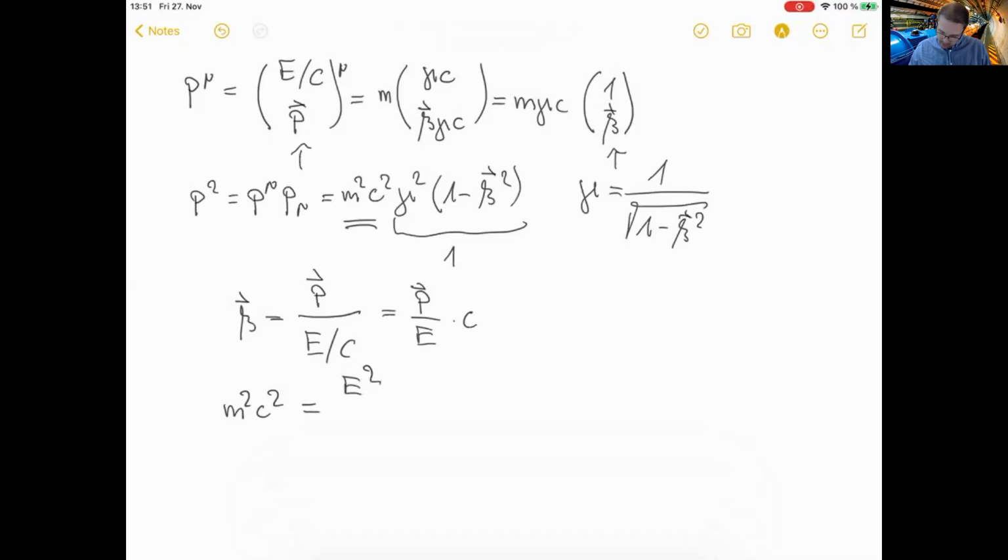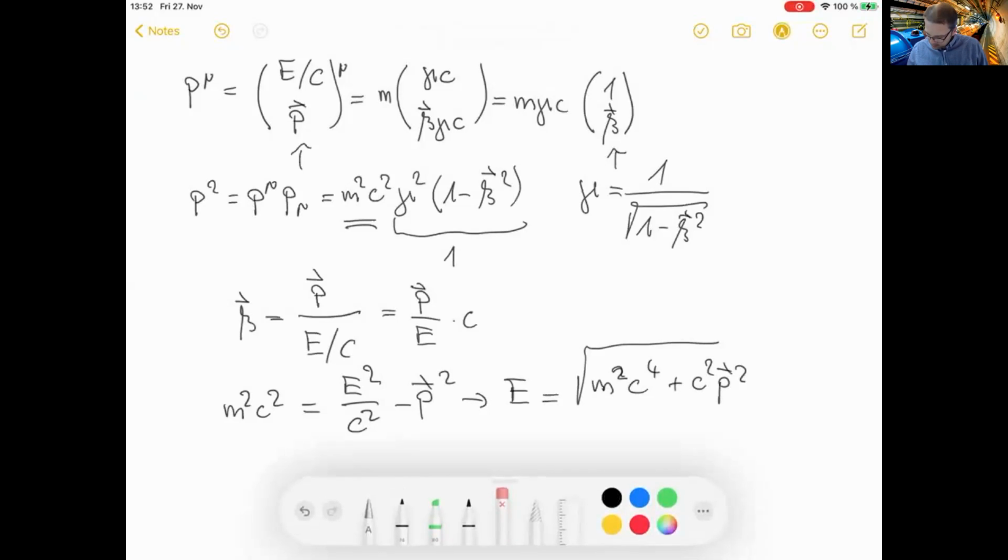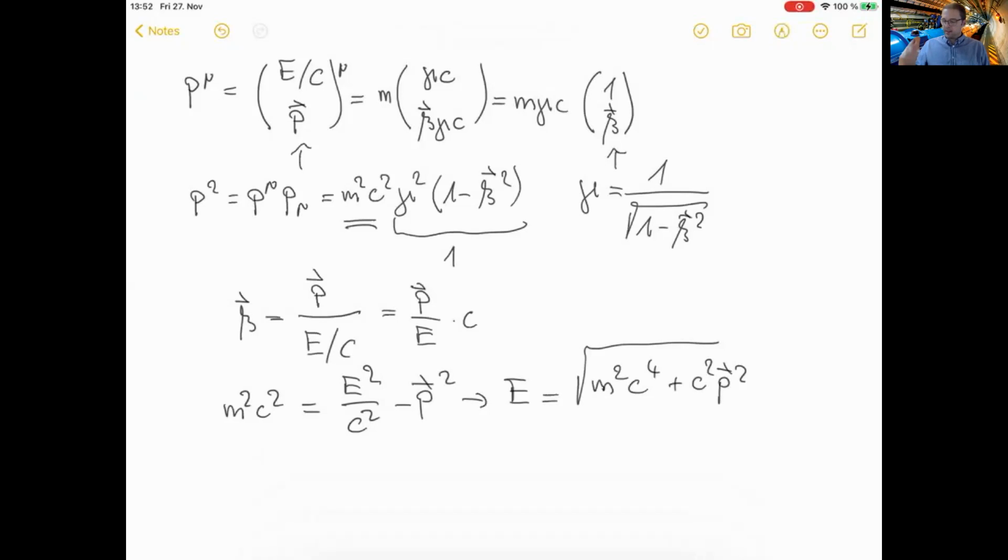So this would be E squared over c squared minus p squared, or the famous relation E equals mc squared in our language: m squared c to the 4th plus c squared p squared. Nice. So that's basic relativistic kinematics.